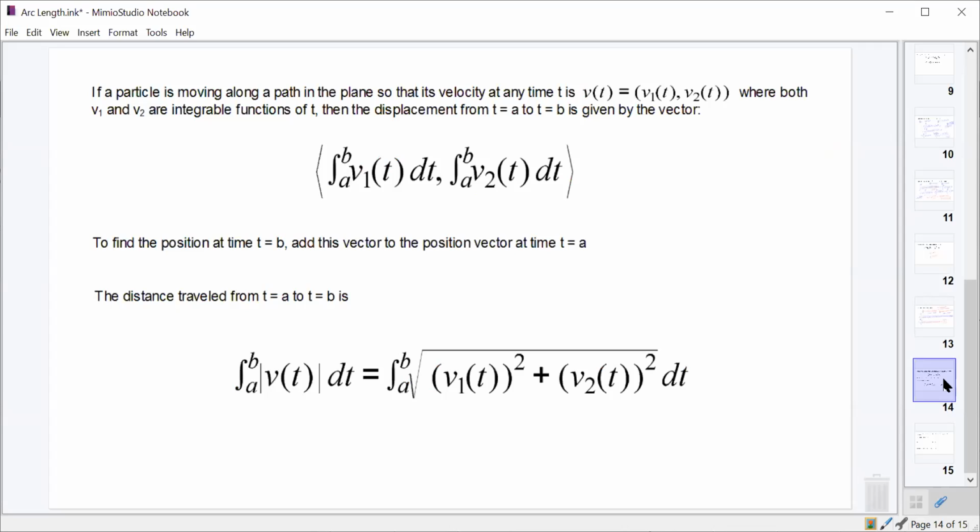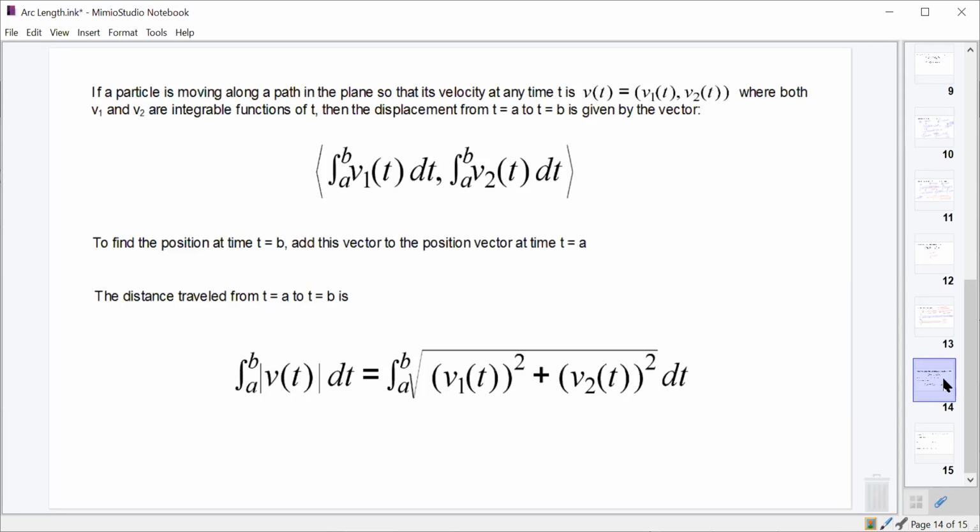Then we can find the displacement by integrating each of the pieces of the velocity vector. And to find its position at some time later on from where we started, we just add that vector that we get when we integrate to the original position vector at the first value.